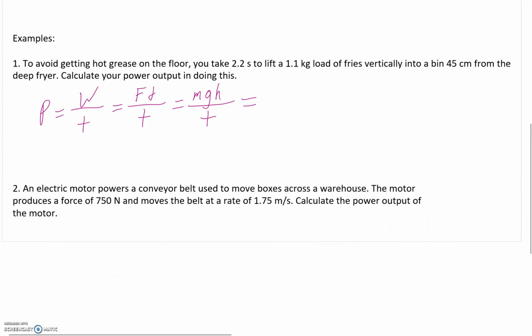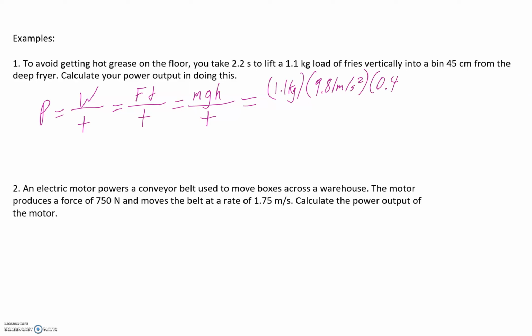Let's go ahead and write those down. The mass is 1.1 kilograms. Gravity is 9.81 meters per second squared. The height is 45 centimeters, so 0.45 meters. Careful that you're always in SI units. This is very, very important. And then over time, it took 2.2 seconds to do this.